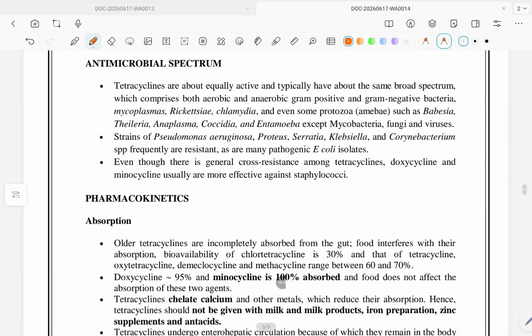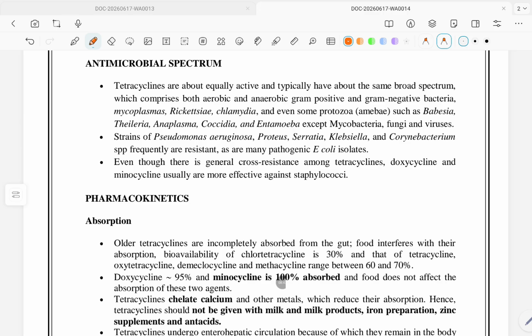Tetracyclines are about equally active and typically have about the same broad spectrum, which comprises both aerobic and anaerobic gram-positive and gram-negative bacteria, Mycoplasma, Rickettsia, Chlamydia, and even some protozoa such as Babesia, Theileria, Anaplasma, Coccidia, and Entamoeba, except Mycobacteria, fungi, and viruses.